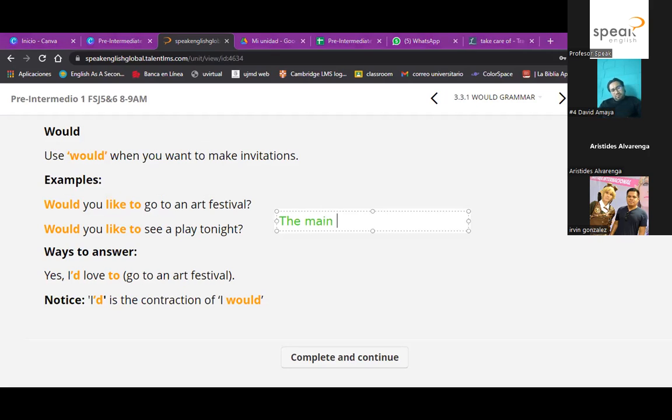The main verb of the sentence is written in the base form. We don't add s, we don't add ing, we don't add ed. Is it clear, guys?